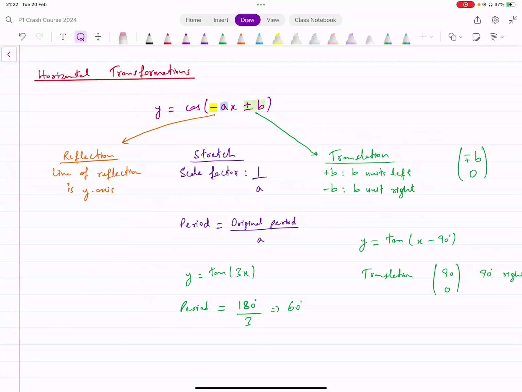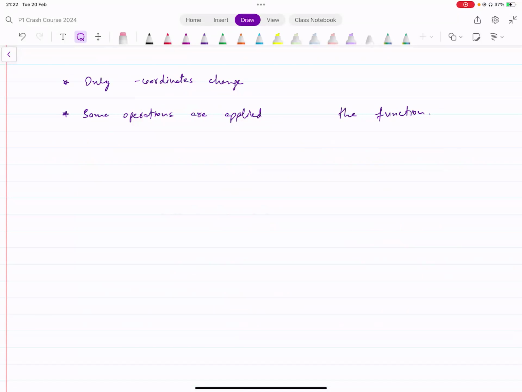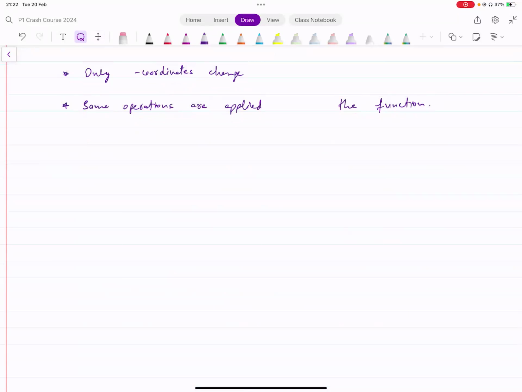Vertical transformations and horizontal transformations. In horizontal transformations, only x coordinates change, and the operations that are applying are inside the function. So instead of x, you have something else. X gets multiplied with some number, or some number gets added or subtracted to x rather than the whole thing.